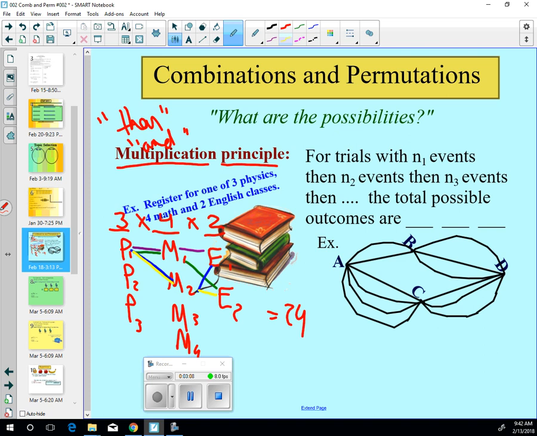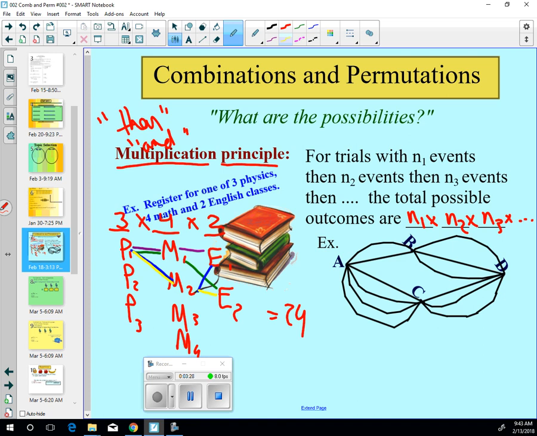What about or? We'll come back to that one. But for trials with N1 events, N2 events, and N3 events, the outcomes are N1, N2, N3. What do you do with those? The outcomes will be multiplying. And that would continue to those outcomes.